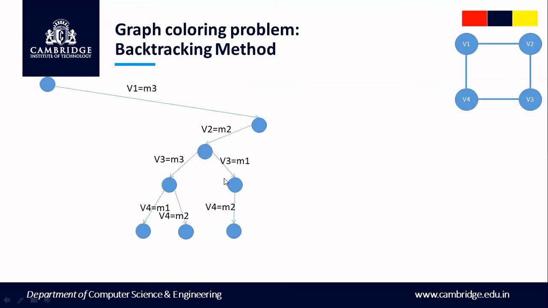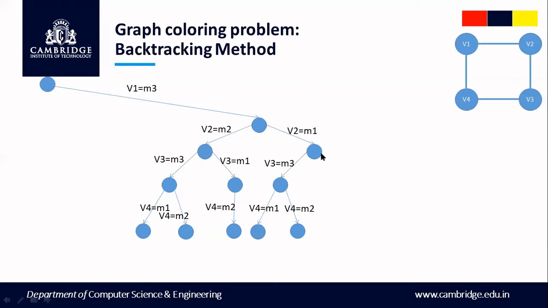Fine. Same way, we can backtrack and change the option for V2. Instead of exploring V2 with M2, we can also explore M1. If V2 is M1, then V3 is either M3 or M2. If it is M3, then we have two options for V4: M1 or M2.